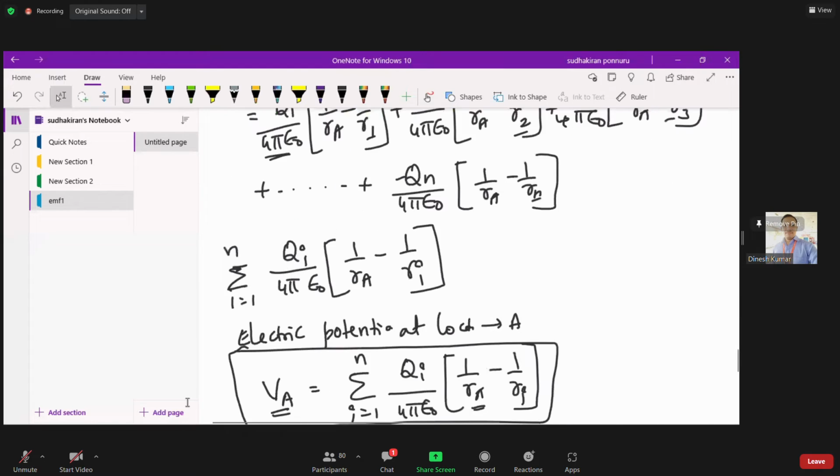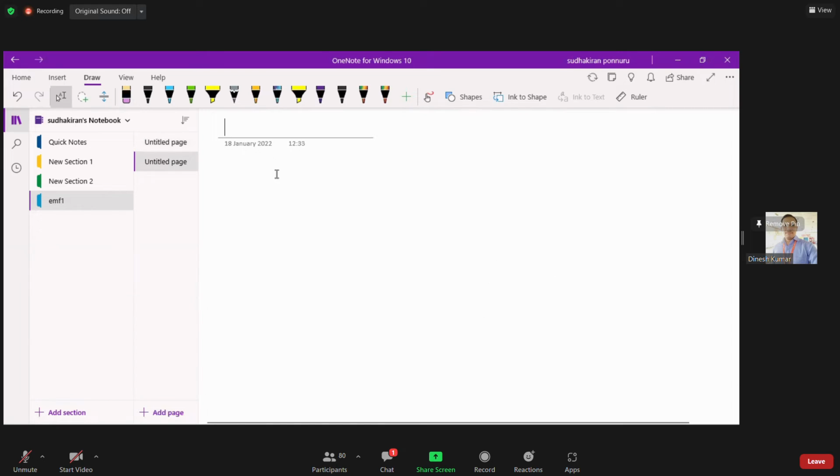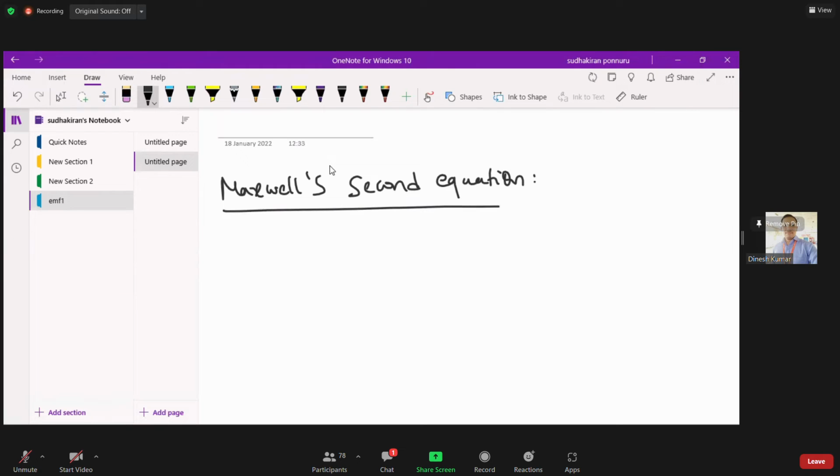And now we are going to the next topic, which is Maxwell's second equation. Earlier you have seen the first equation.